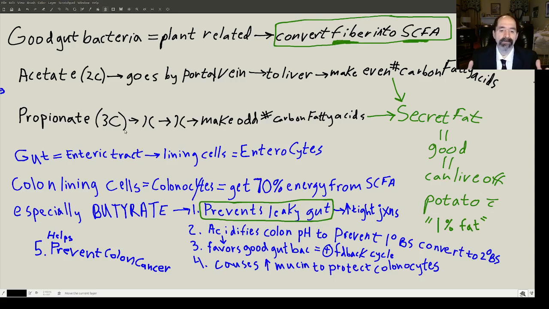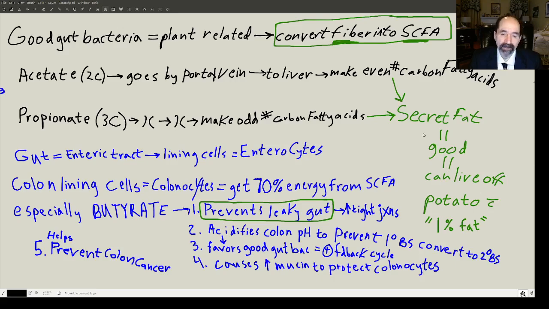It also helps promote increased mucin formation, mucus that puts a coating over the colonocytes and helps to protect them. So it does a lot of good things. And I call this secret fat. What I mean by secret fat is that nobody thinks of fiber as being dietary fat, but that's actually what happens.